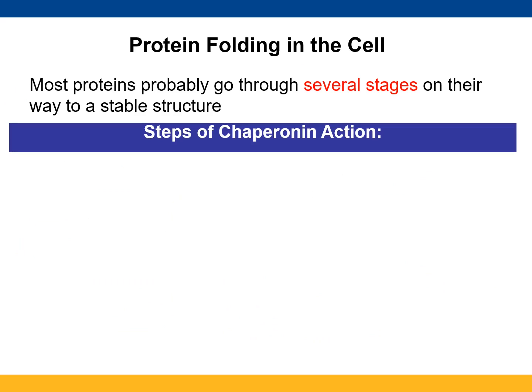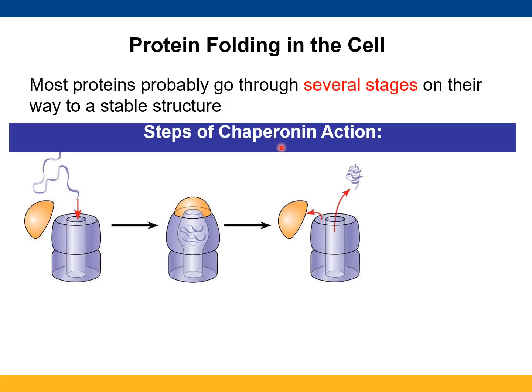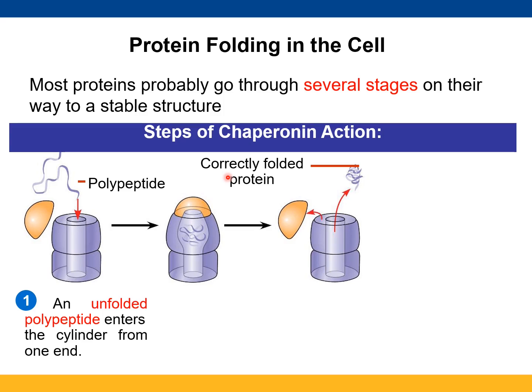In this slide, I want to show you the different steps of the chaperonin action. In the beginning, here you have an unfolded protein going inside the hollow cylinder, and at the end, this unfolded polypeptide is going to come outside correctly folded. But let me show you in a little bit of detail what is happening.